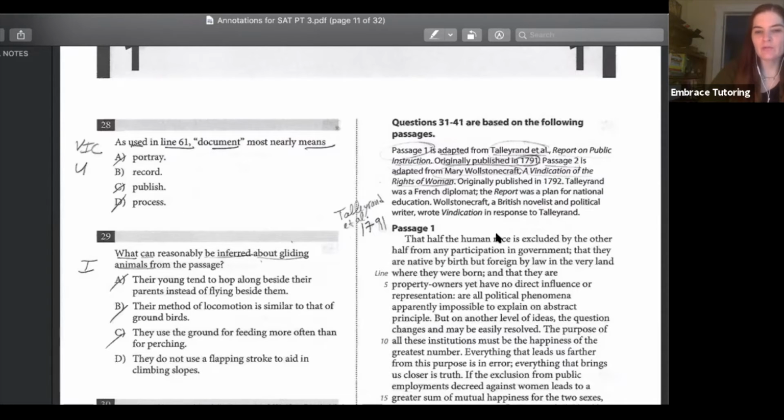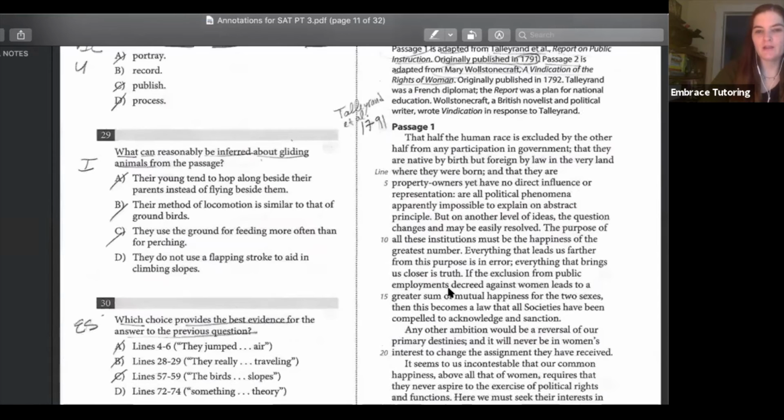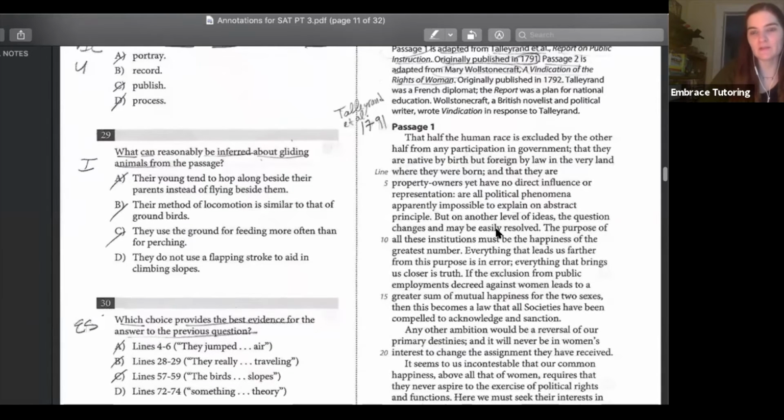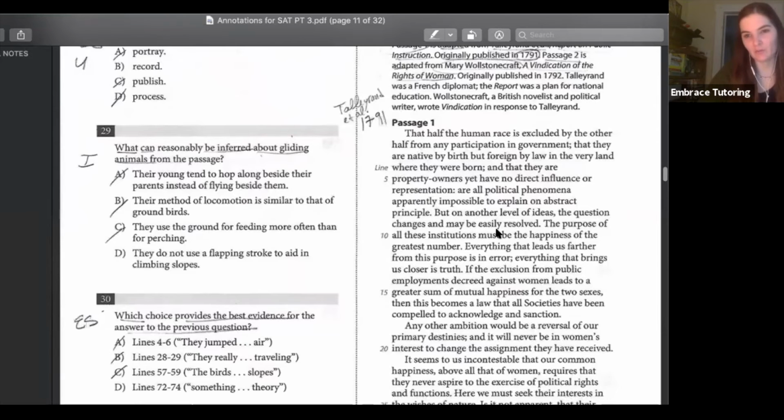Also, it is important for you to know that at this time, it was frowned upon for women to be writing, or to be writers in general, in terms of society and what the expectations were, because a woman's place was considered in the home, and there were a lot of social issues going on, because there were key differences between the education of men and the education of women.